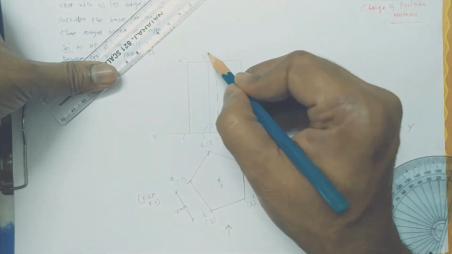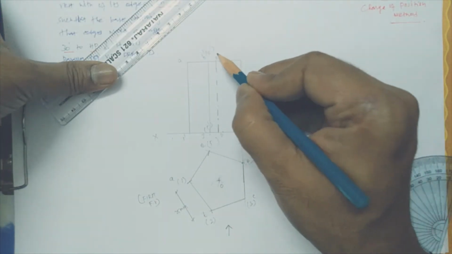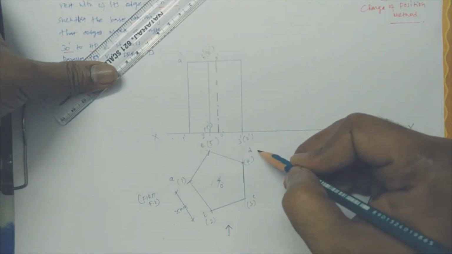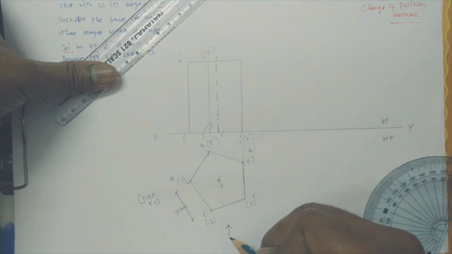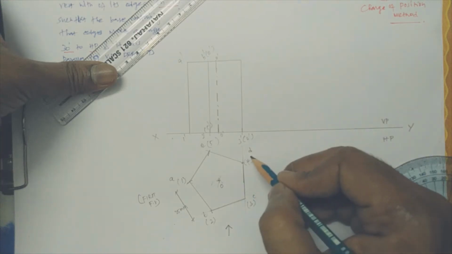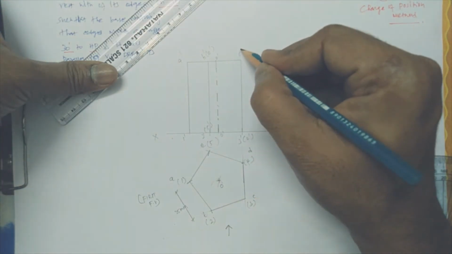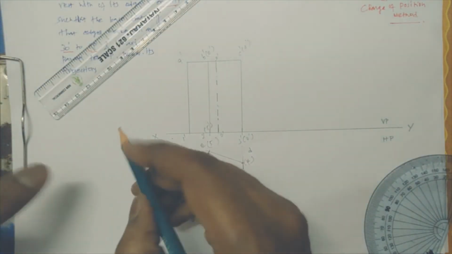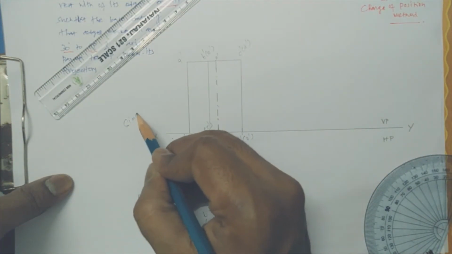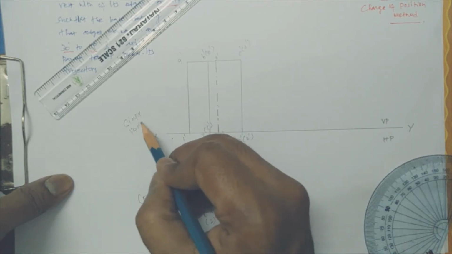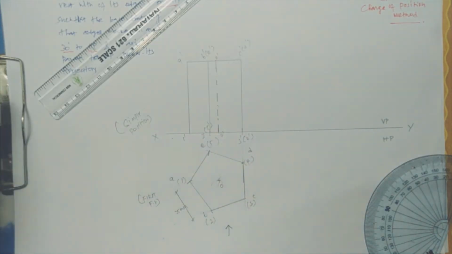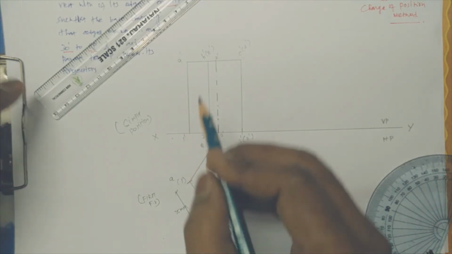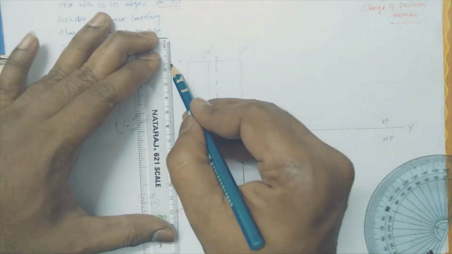So B dash, E dash. Let it be O, it's not an issue. Here C dash, here D dash, C is here, D is here. When you are looking from this direction, C you can see, B will be behind. So C dash and D dash will be in bracket. So this is a simple position. This is called a simple position. Half of the marks will be awarded for making a simple position. So this height is 50 mm.